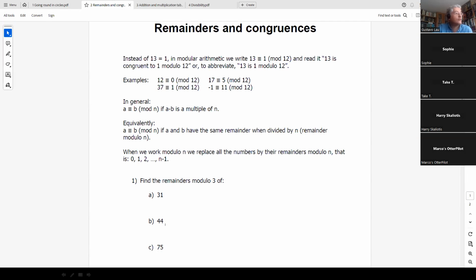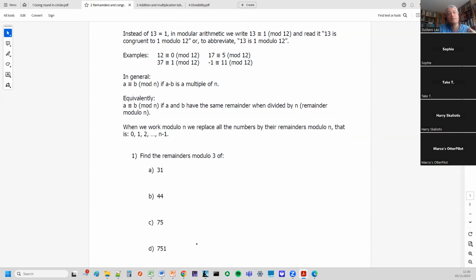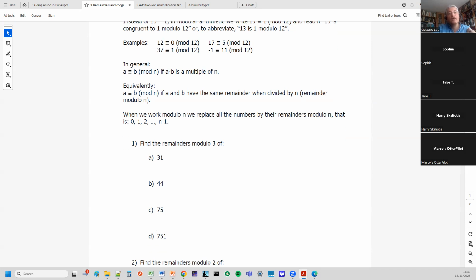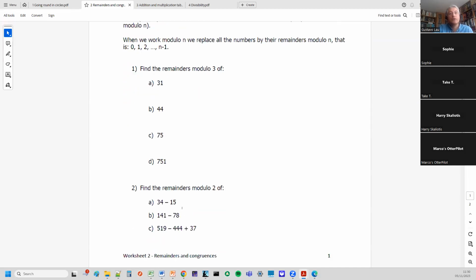Take, the remainder of 44 modulo 3. 2. Nicole, the remainder of 75. 0. Any of you, the remainder of 7,501. The important thing is you don't need to do the division. You just do this trick of the remainders.